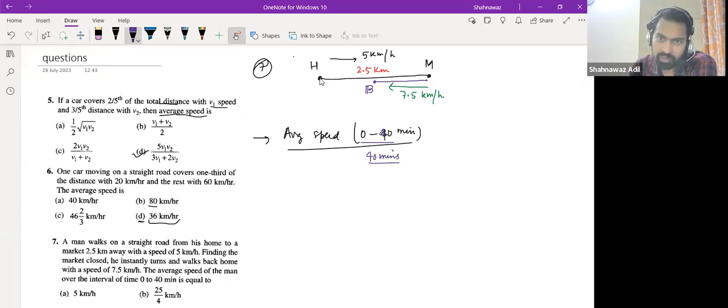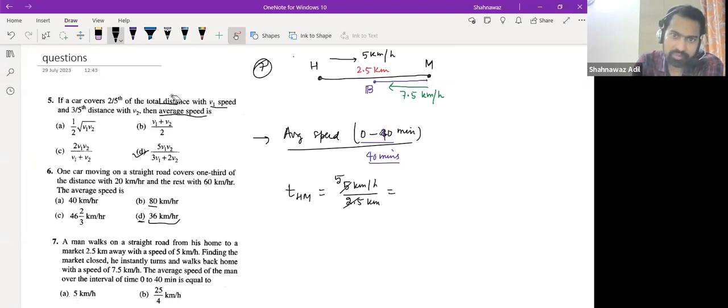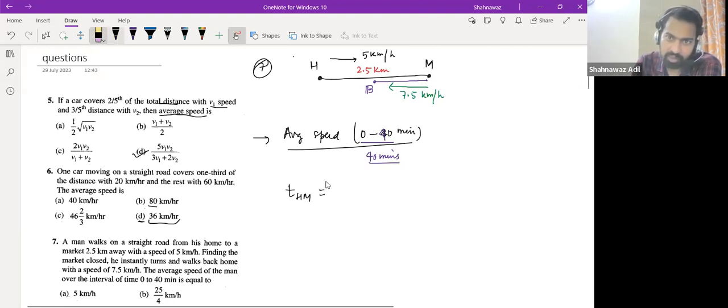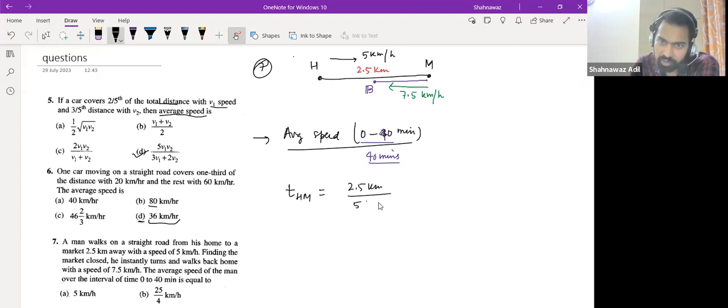But what is the time between H to M, home to market? How much did it take in going from home to market? So this we can calculate, right? So let us calculate time from home to market. So this would be distance by speed. So 2.5 kilometer divided by 5 kilometer per hour.